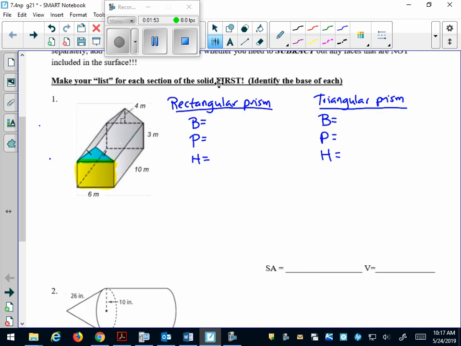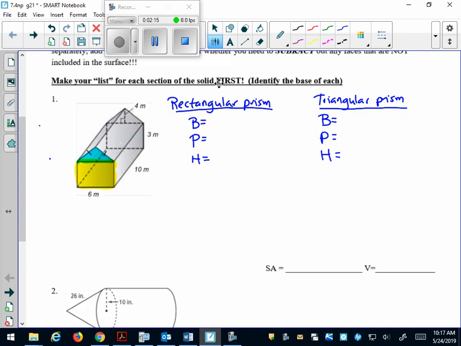If that yellow rectangle is the base that we've identified, and remember, you could have used a different face as the base of your rectangular prism, I would just suggest shading it in and keeping track of which one you used as the base. We've shaded this one yellow, so we're going to use this.